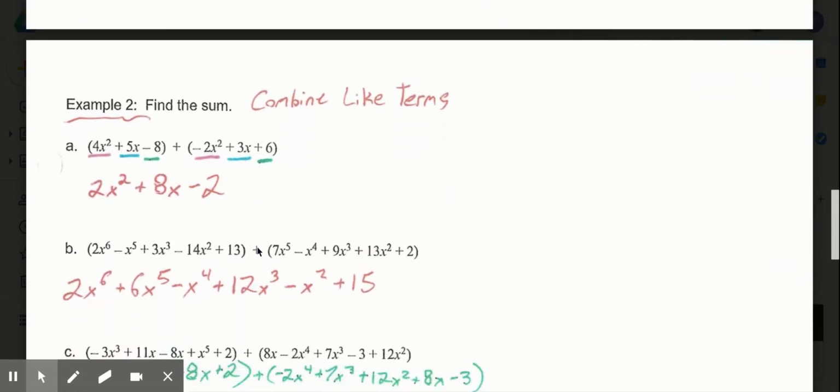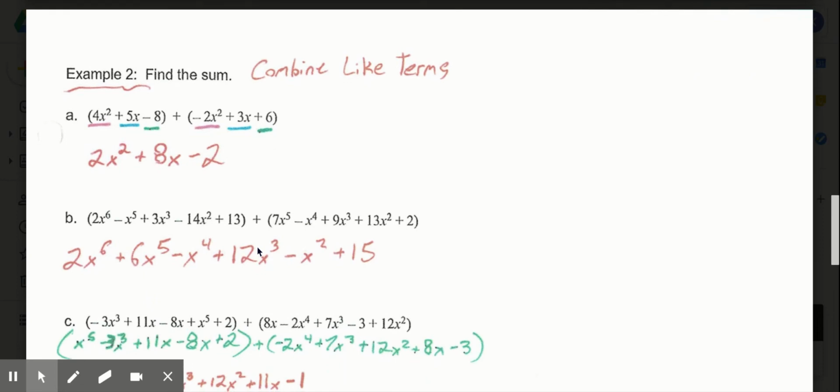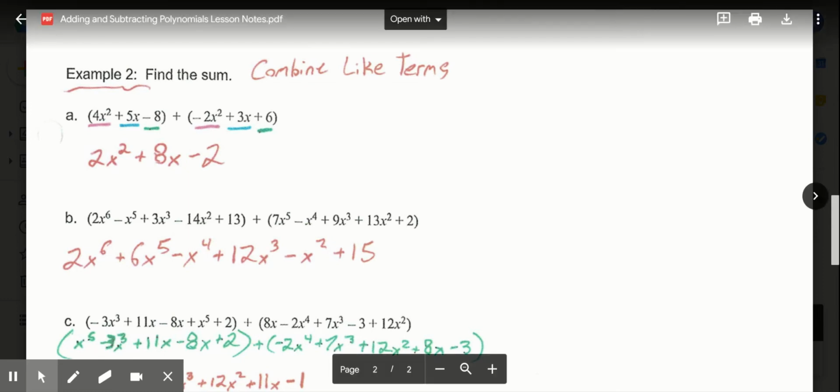So once we've established all the vocabulary terms, we then can start to add or subtract polynomials. Now, the way that we add or subtract polynomials can be simplified to the idea of combining like terms.